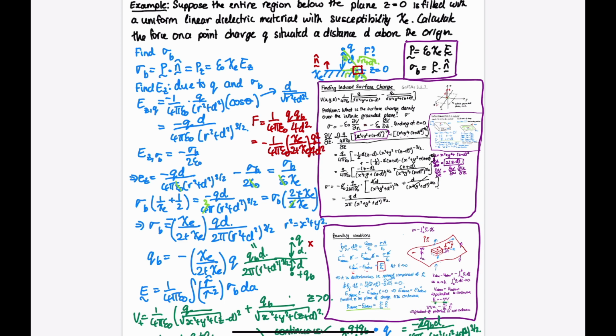And it's a force in the z direction. Okay, so hopefully you could follow that. This example really made use of a lot of the stuff that we've been learning in this course.